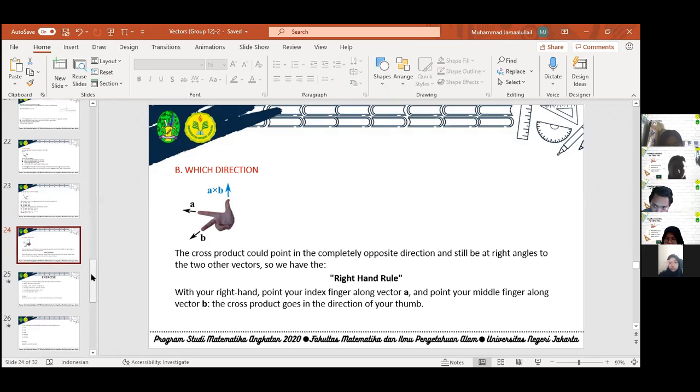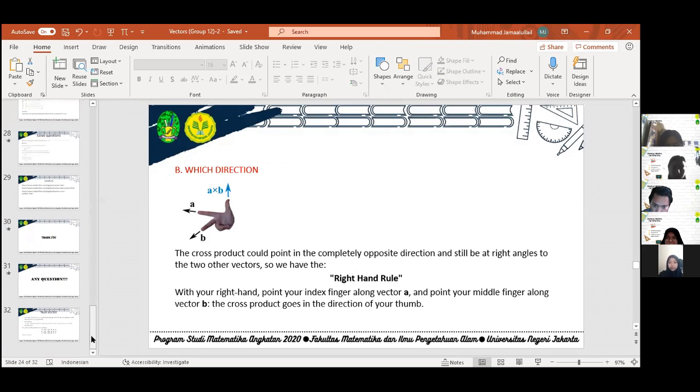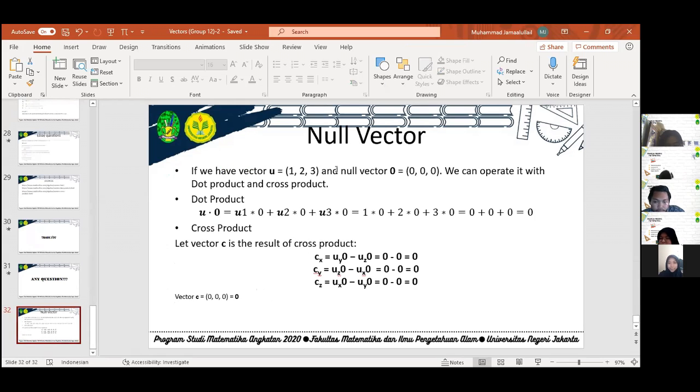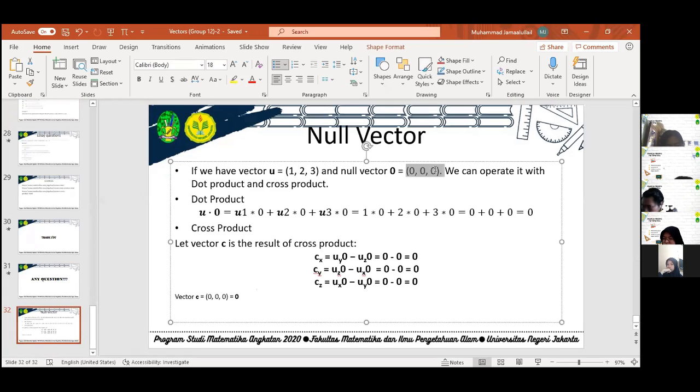Because the vector A is in the vector U, and a null vector has no magnitude or size, you can prove it. Null vector has no magnitude, or magnitude is 0.